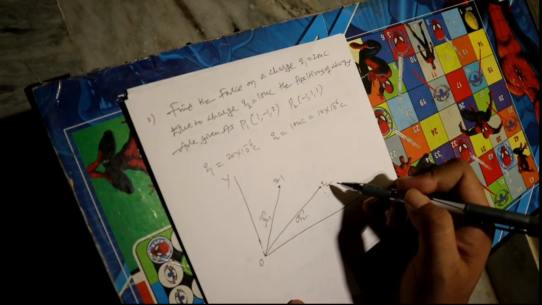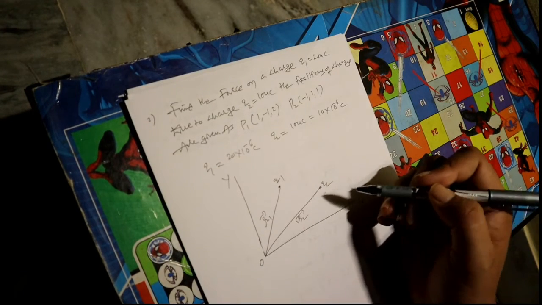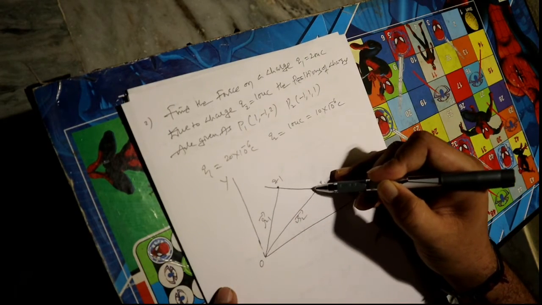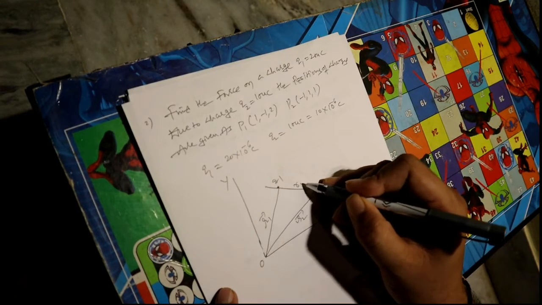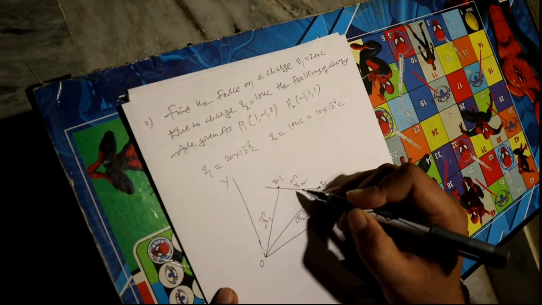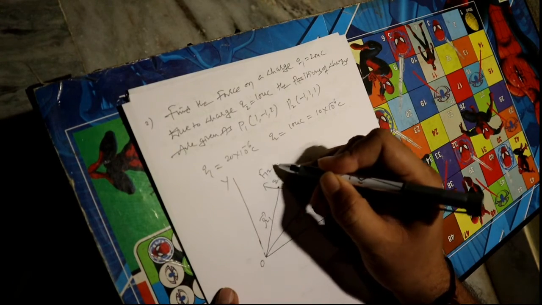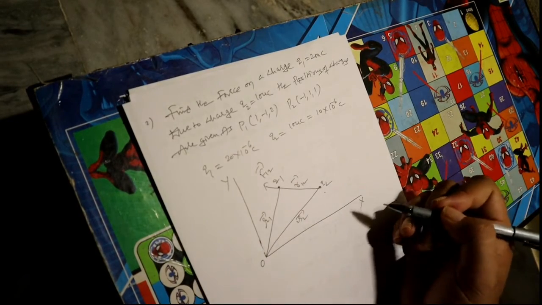These forces are equal in magnitude but opposite in direction. So let us draw this force. This is the position of 1 with respect to 2, R12 bar, and this is F12 bar, force on 1 due to 2 along this direction.